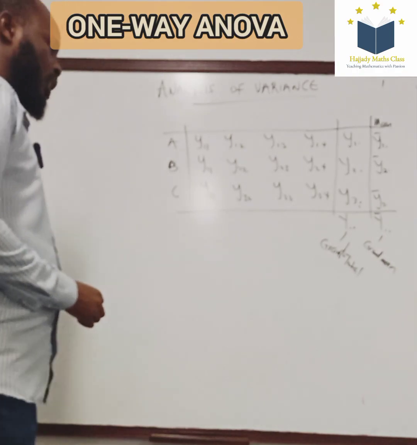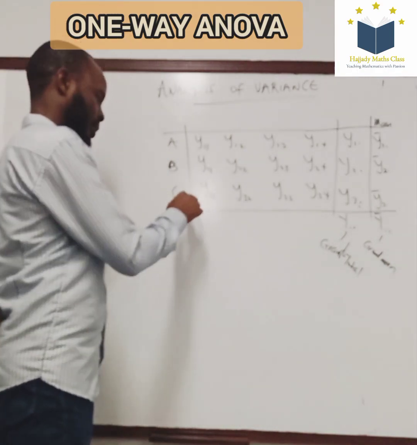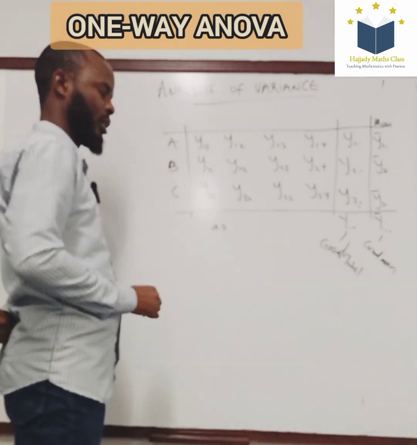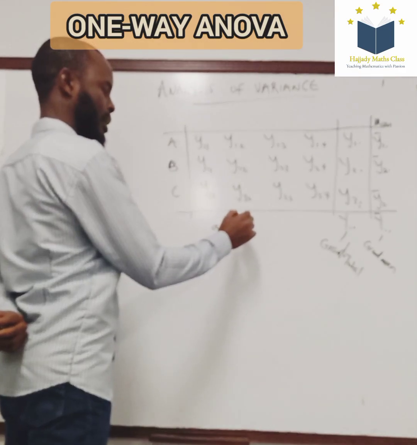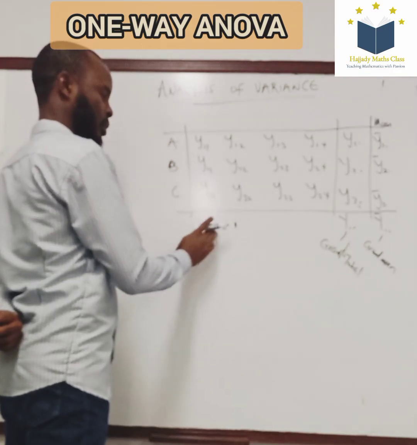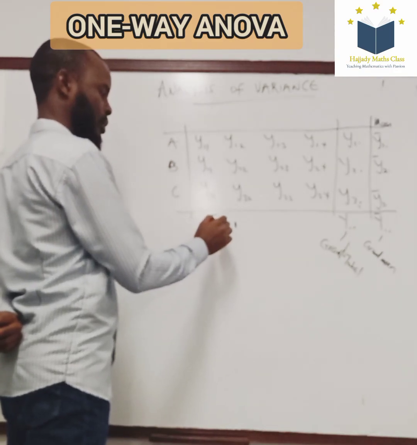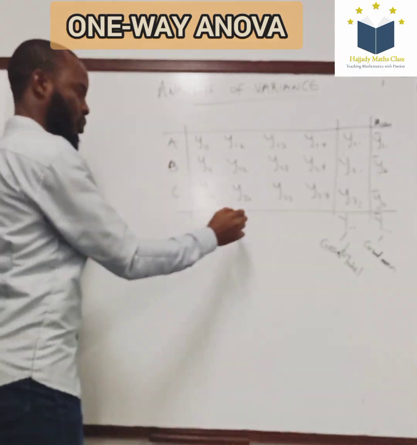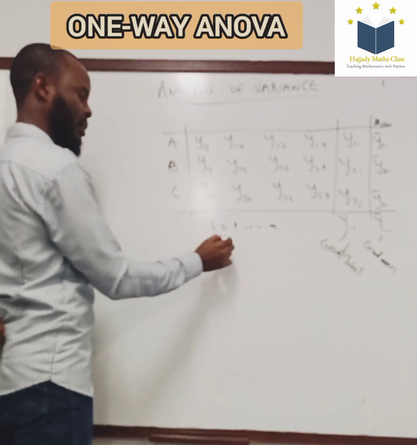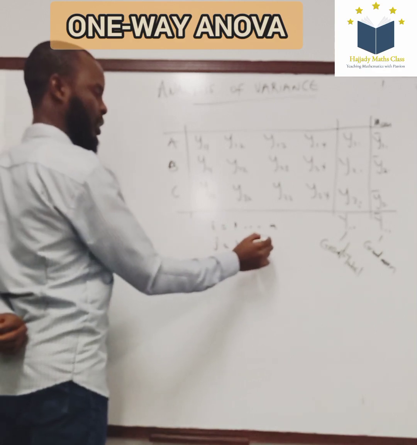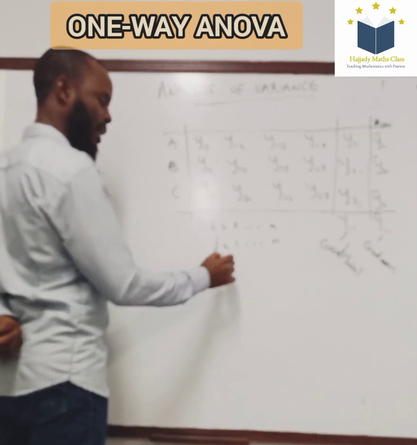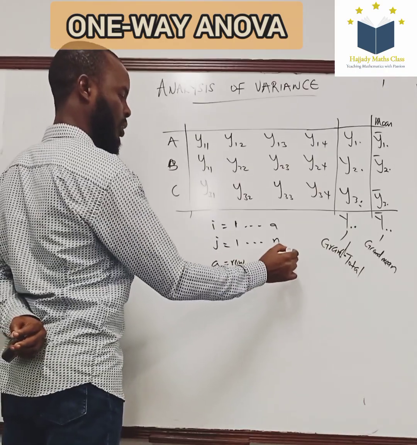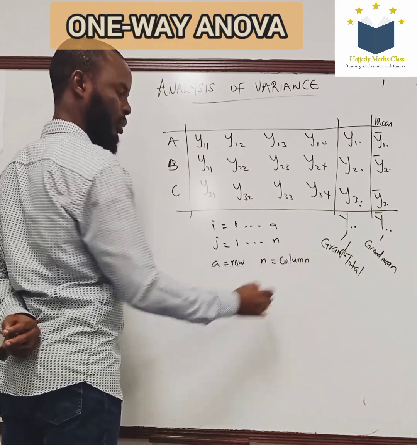For you to get your mean square, don't forget the A stands for the row. My i starts from 1 to A. My j, which represents the column, goes from 1 to n. So my A is for the row, my n is for the column.